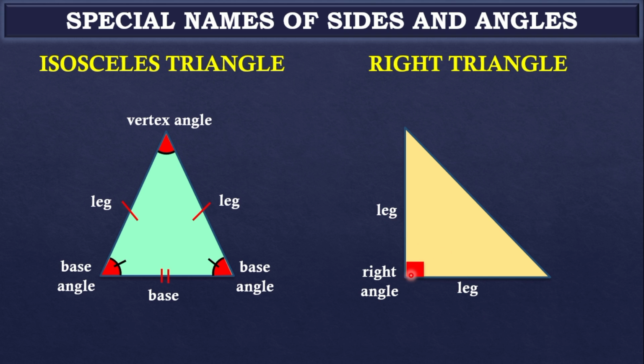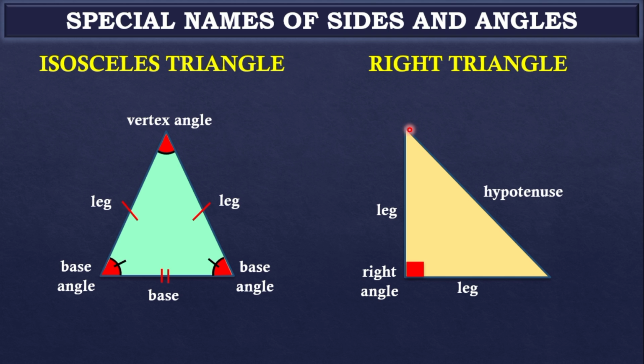Now, ano naman tawag natin? Ma'am, hindi po ba to leg? Hindi po. Okay? So, kapag meron po tayong right triangle, yung side na opposite ng right angle mo, that is what we call the hypotenuse. So, yung hypotenuse, ayan po yung side na opposite sa right angle mo. Ito rin po yung tinatawag nating longest side.